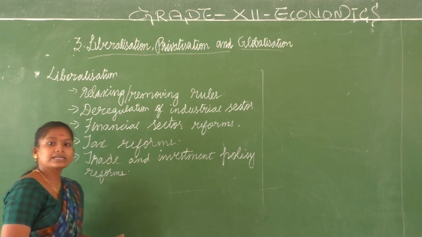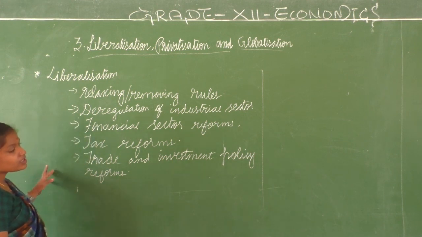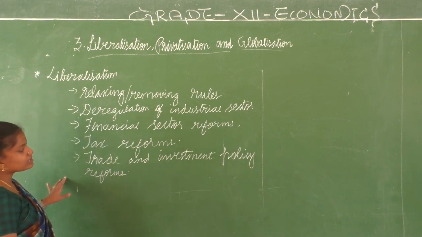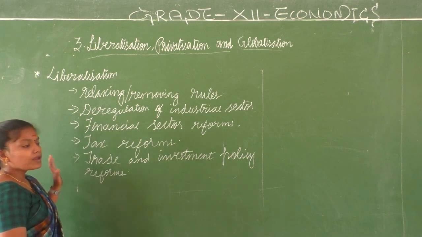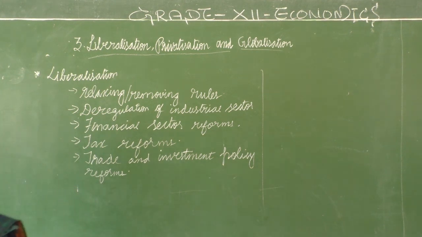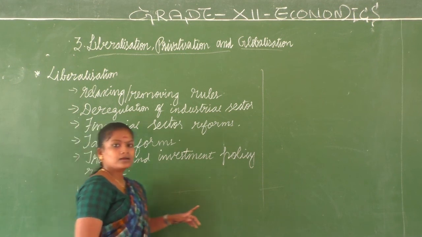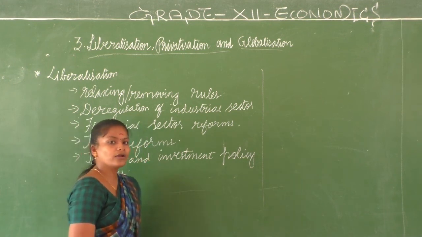Next comes tax reforms. What are we discussing about tax reforms? Earlier we had two kinds of taxes, right? Direct taxes and indirect taxes. Direct taxes means the income tax that we pay on our income.